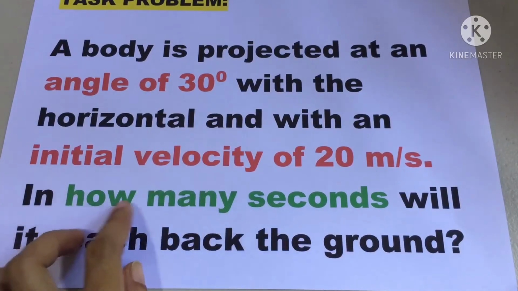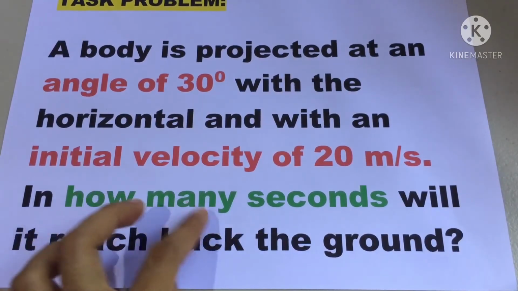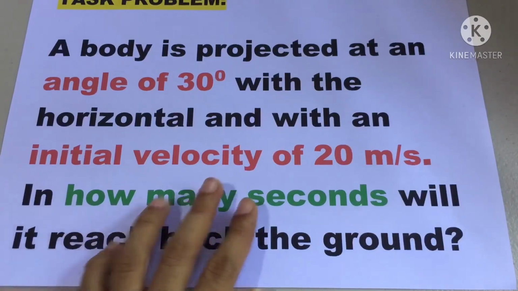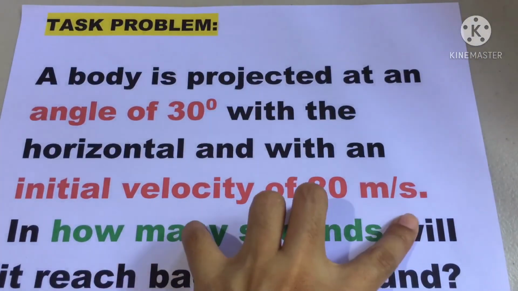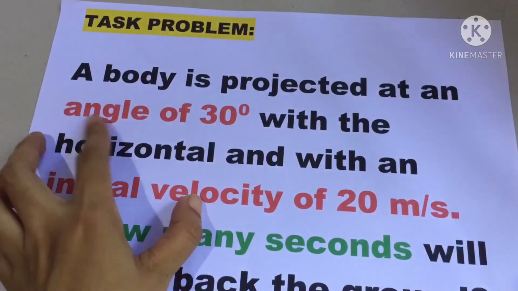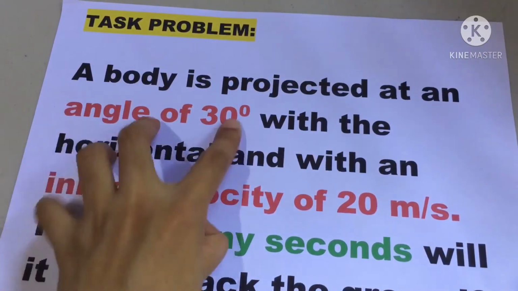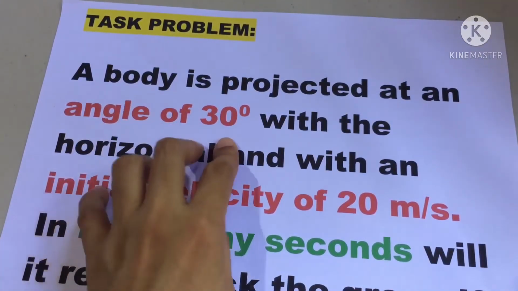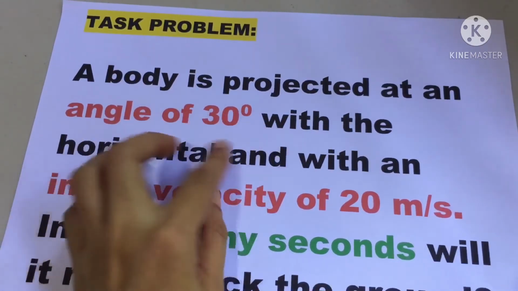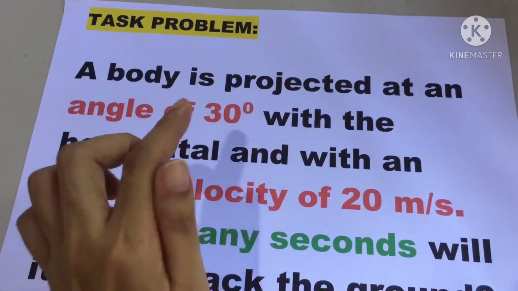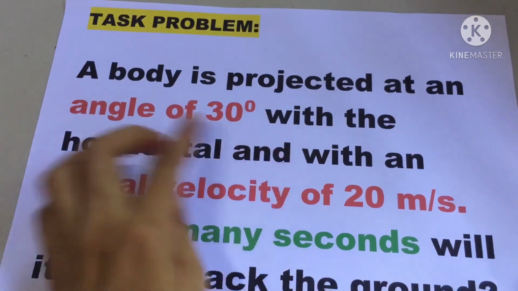If you observe, the green color refers to our time, which is the unknown. Then the initial velocity is equal to 20 meters per second. This time, the angle of projection is 30 degrees, which we will use for the vector resolution of the x and y components.